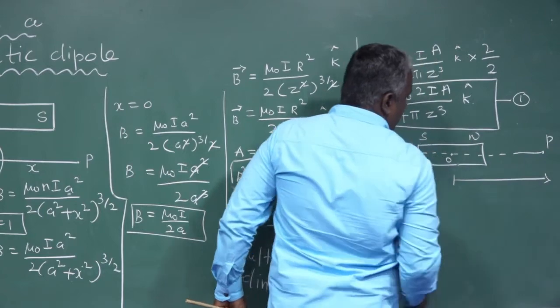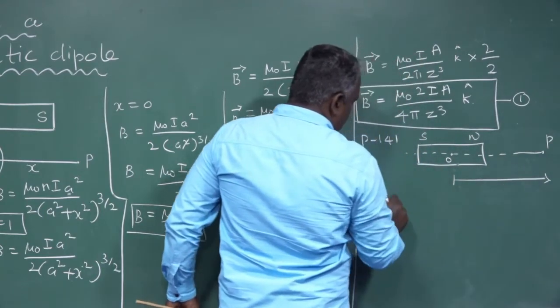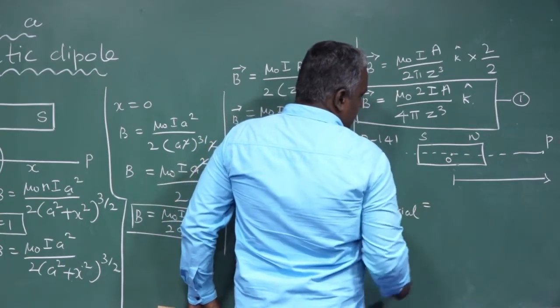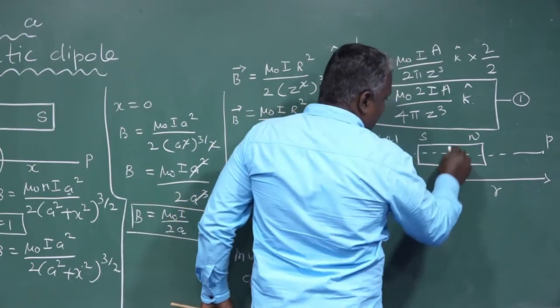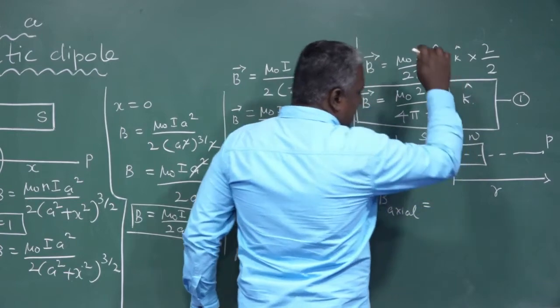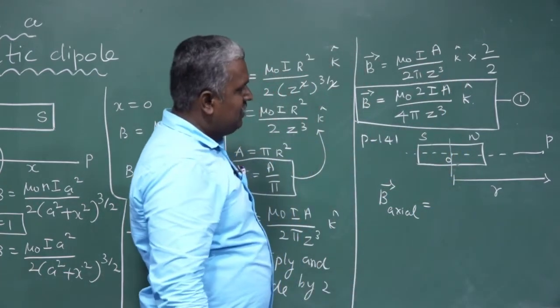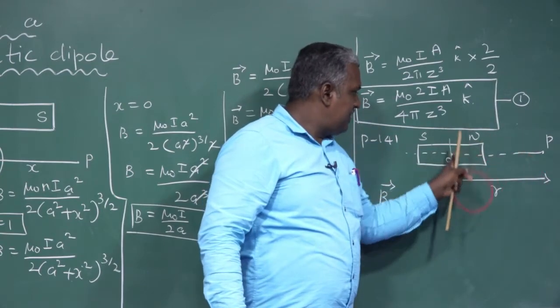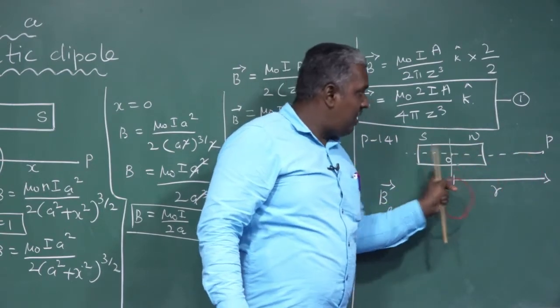At point P, the magnetic field B axial at a distance r from the center of the bar magnet, along the axis.